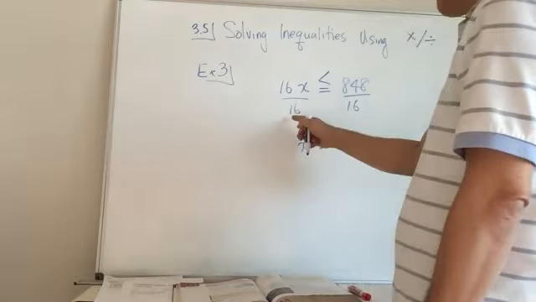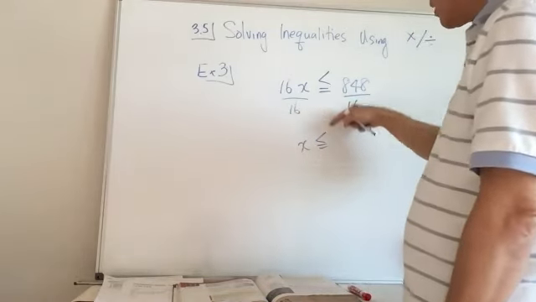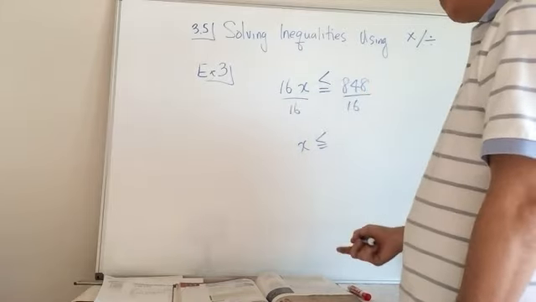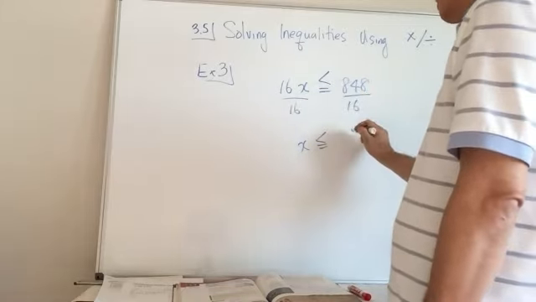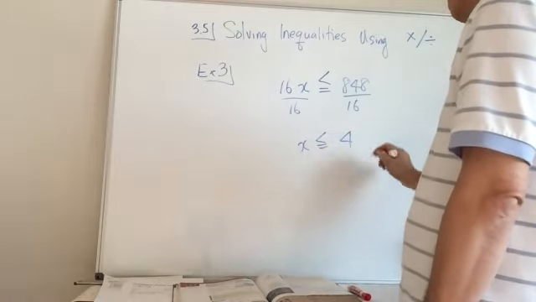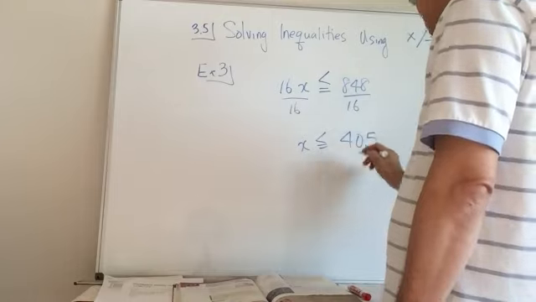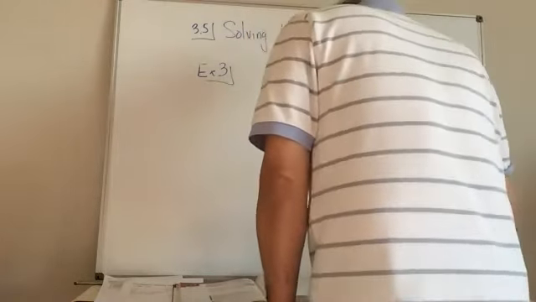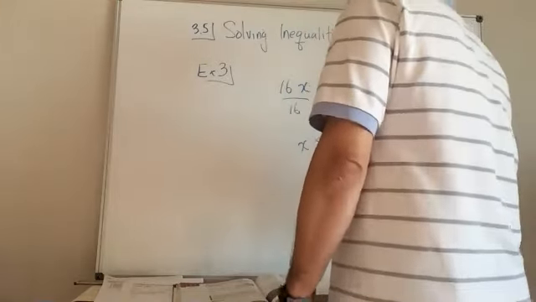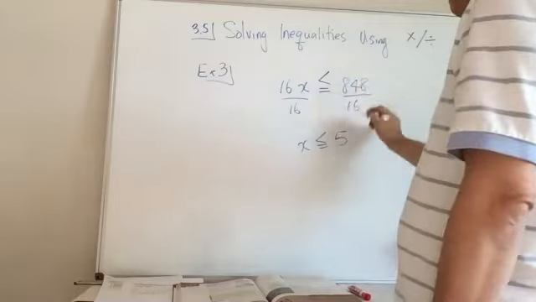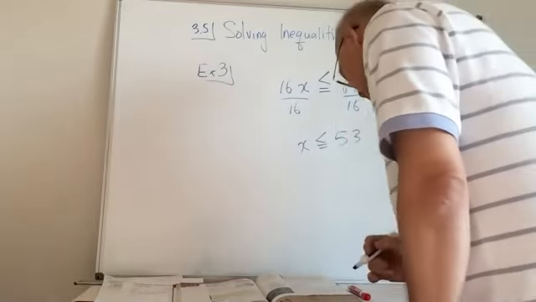I did not divide by a negative number, so the inequality sign stays the same. So I get, let's see, 848 divided by 16, it goes into it 53 times.